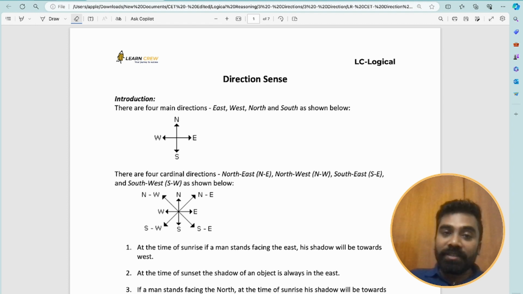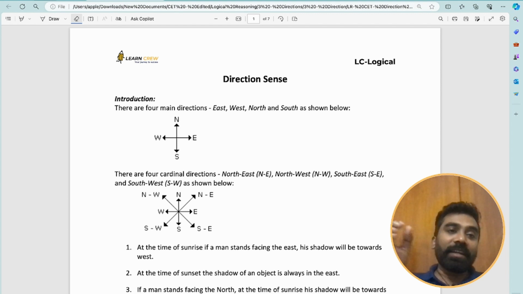It might also be based on sunrise or sunset, where your shadow falls, on your right or left, or for the person facing you, which side the shadow is falling. These types of questions may come, and it is a pretty easy topic once you understand the concept.